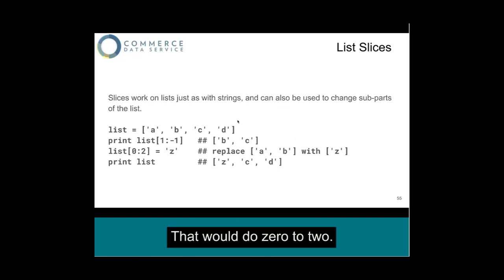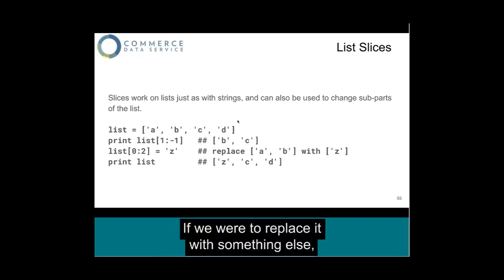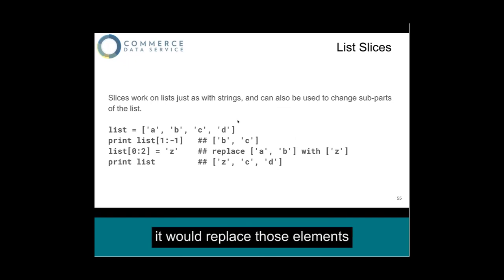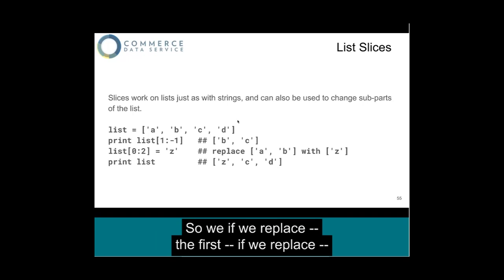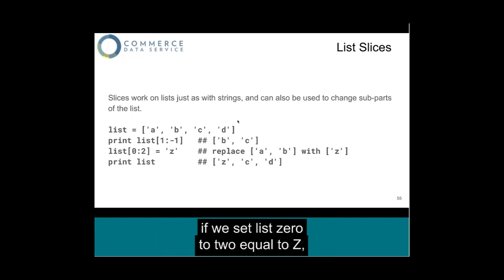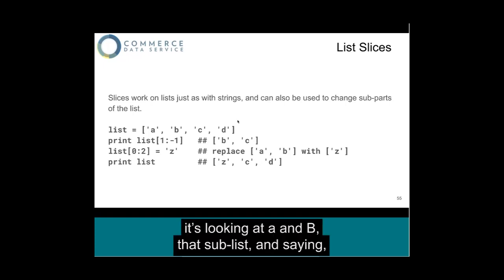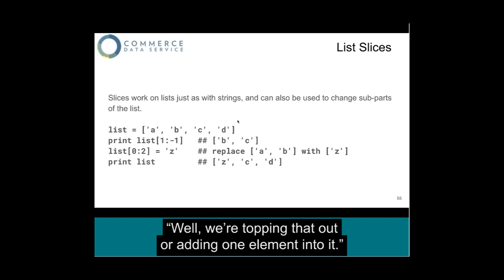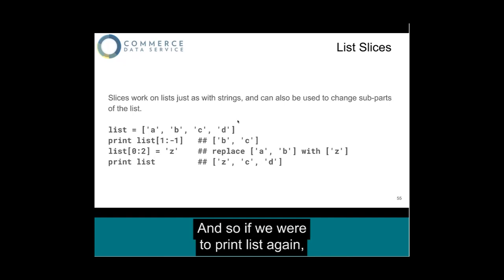If we do 0 to 2 and replace it with something else, it would replace those elements with the single element. So if we set list 0 to 2 equal to Z, it's looking at A and B, that sublist, and saying, well, we're tossing that out, and we're adding one element into it. And so if we were to print list again, we would get Z, C, and D.